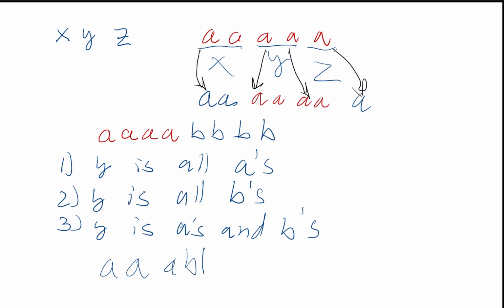We're going to have words that are not the right format. So we're going to have more AB substrings than we need. Notice this word only has one AB substring, and it can only have one AB substring. So I can't choose a Y that is all A's. I can't choose a Y that's all B's, and I can't choose a Y that has A's and B's. There's nothing I can choose for Y. So I cannot pump it.